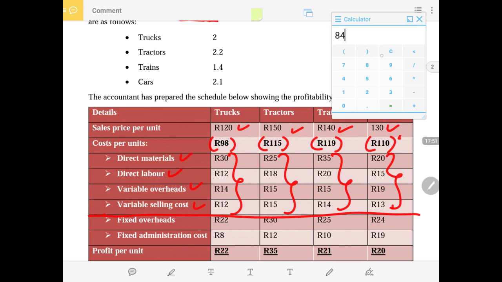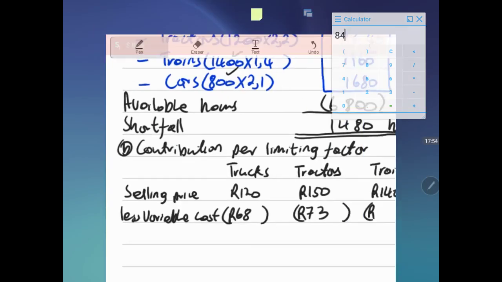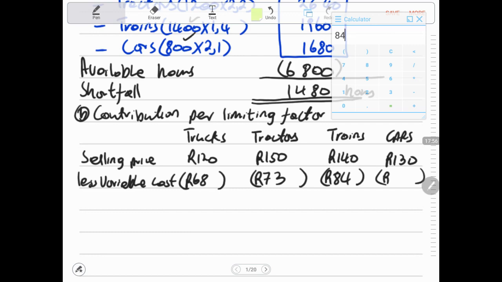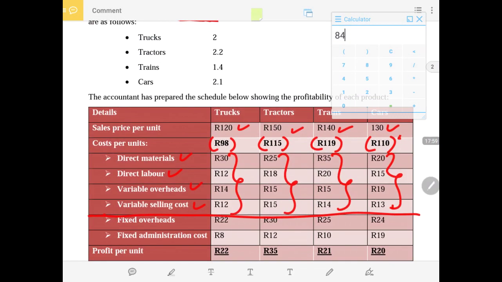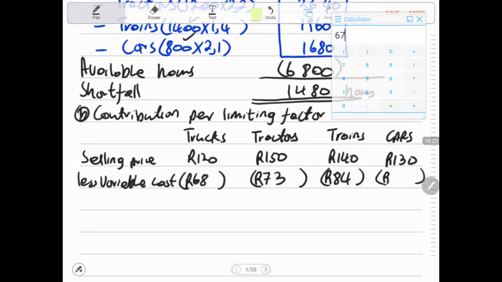That will be 84. For the trains, it will be 84. And the last product in terms of the variable cost will be 20 plus 15 plus 19 plus 13. That is a total of 67 rands for the cars.